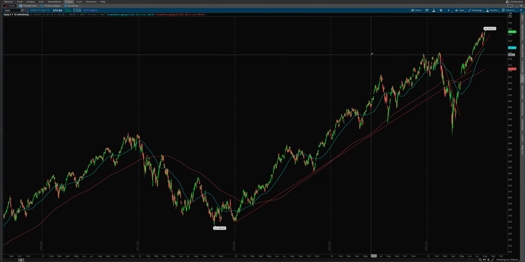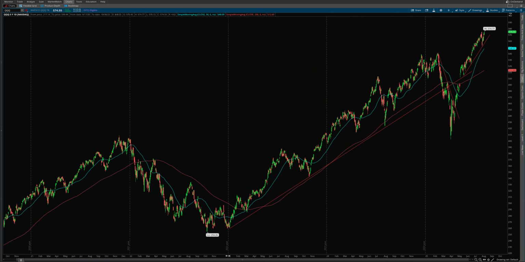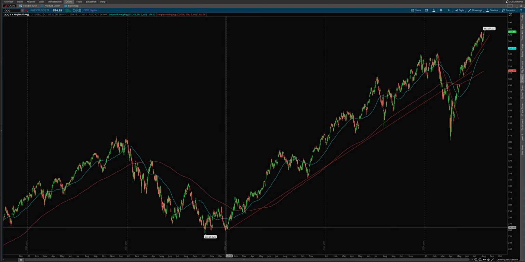Let's start with a great example of a solid long-term uptrend. We're going to go back in time a little bit to October of 2022. The stock market had been in a bear market downtrend for quite some time, and we ultimately bottomed on October 13th of 2022 before starting what has now been a multi-year uptrend.